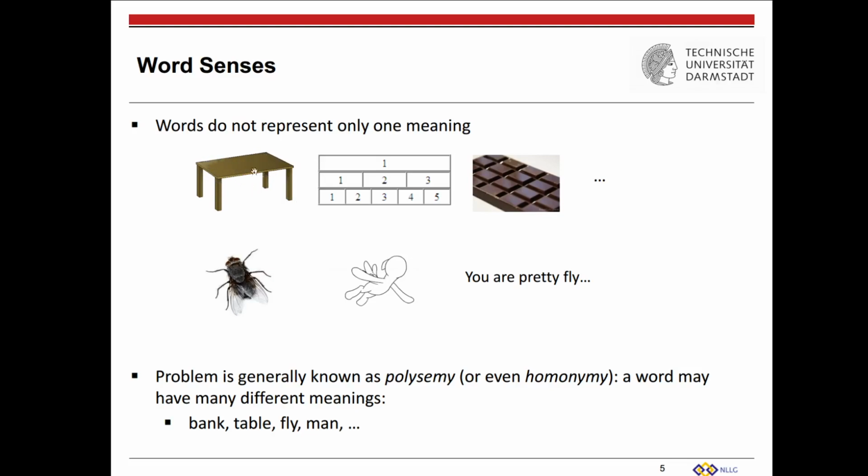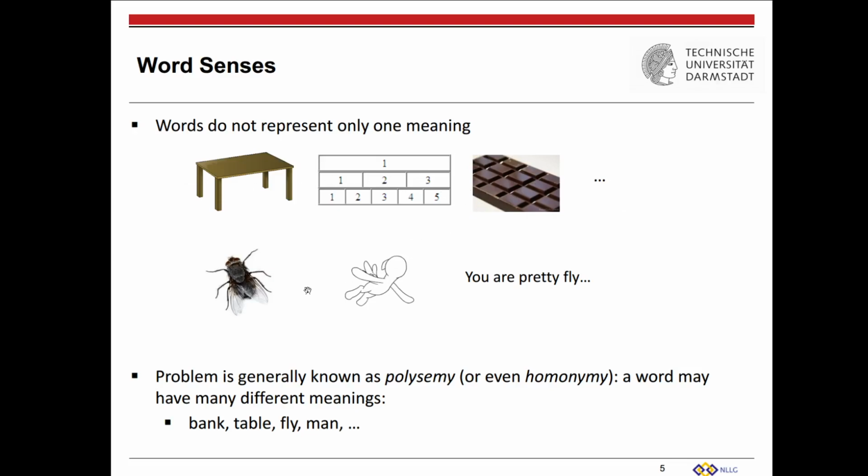Here's the first table, which is a synonym of maybe desk. Then we have another table here that's like a mathematical table, where you can insert figures, and that's a piece of chocolate, and this is also called table. So we have one word, and it has different meanings, different senses.